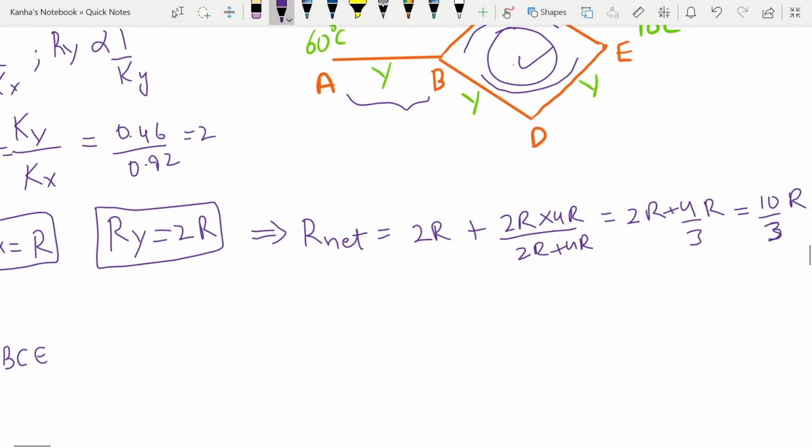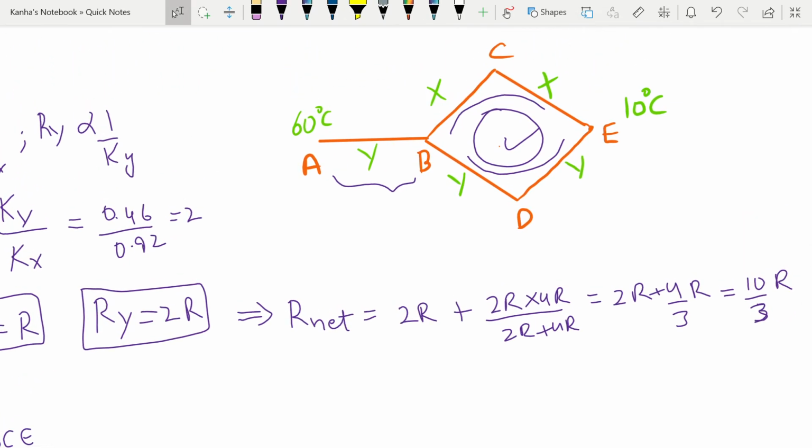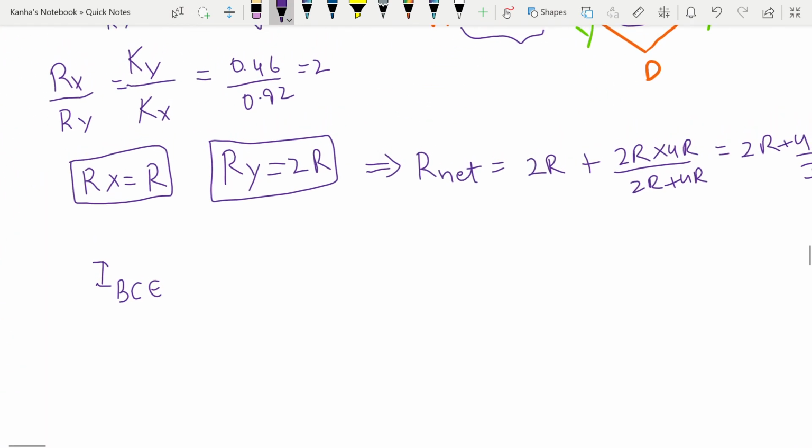What is BCE? It is this upper branch B, C and E. So the current in this branch into 2R is equal to I in BDE into 4R, because the potential drop across them is the same.